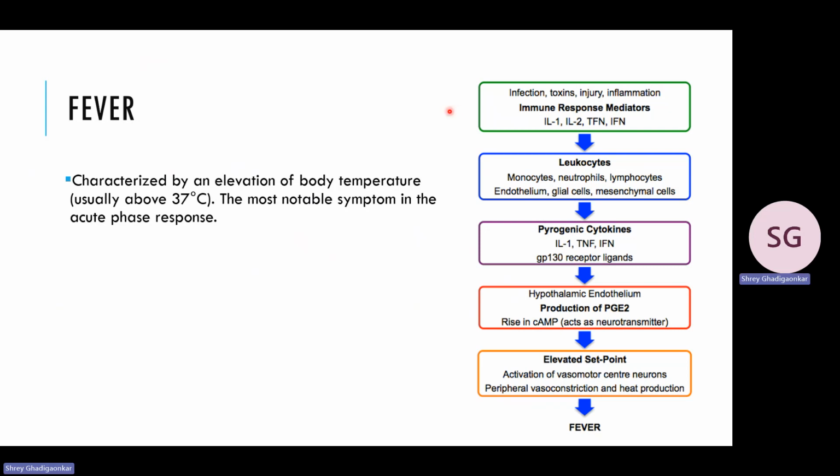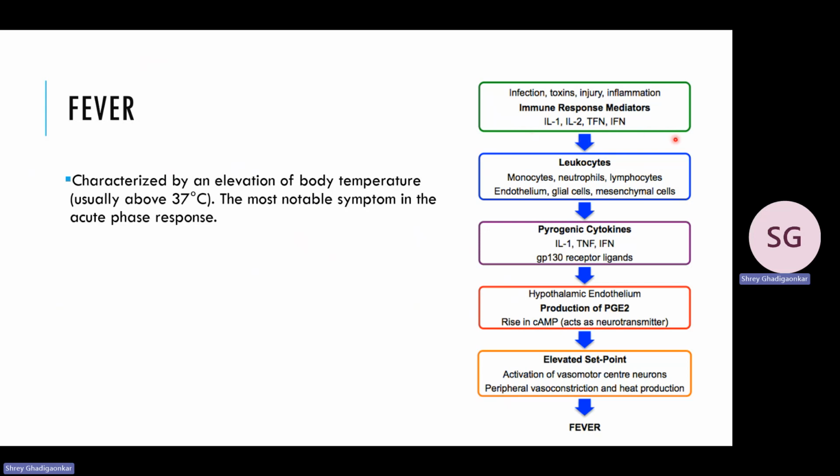Initially you have some kind of immune response, like infections, toxins, injury, inflammation, whatever. You have certain cells that can release cytokines, out of which the most important one is interleukin 1, and TNF, the tumor necrosis factor.